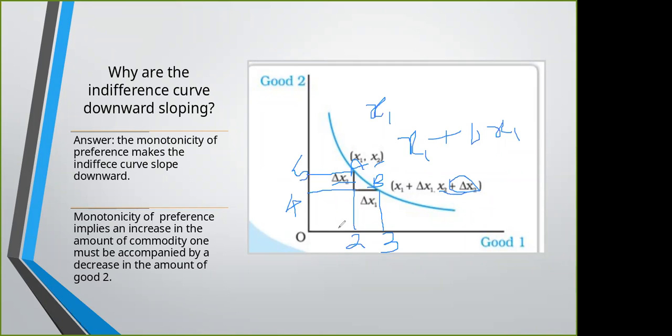So if x1 has increased from 2 to 3, or commodity 1 has increased, but the quantity of commodity 2 has declined. This will give us positive utility because we have consumed more x1 or commodity 1, and this reduction in x2 or good 2 will give us negative utility, so that the positive utility gets cancelled out by the negative utility due to a fall in quantity of commodity 2.